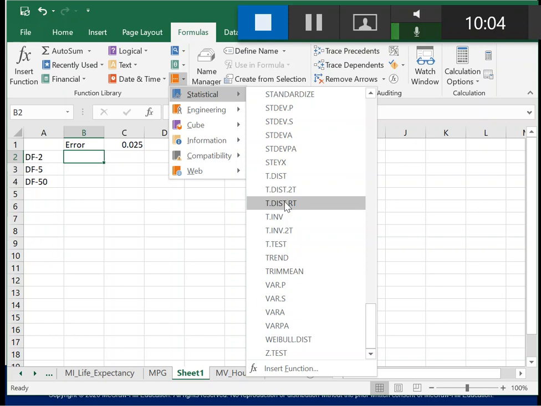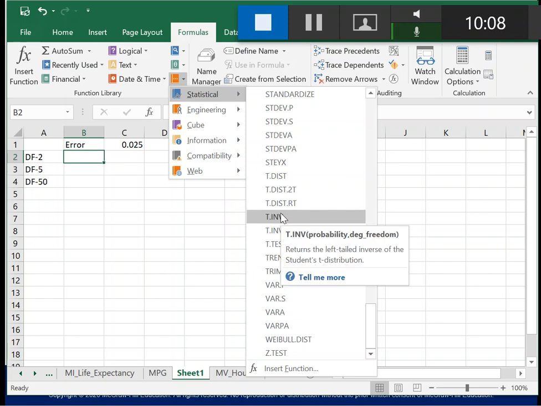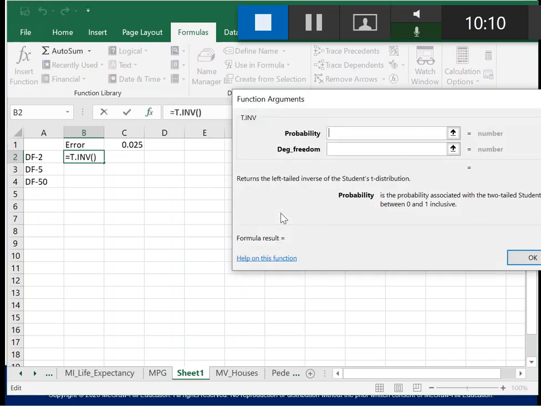That sounds like what I want to be using, but it's not. We actually want to use the T.INV, okay? So if I want to calculate the T.INV, remember the tables only calculate the right tail.